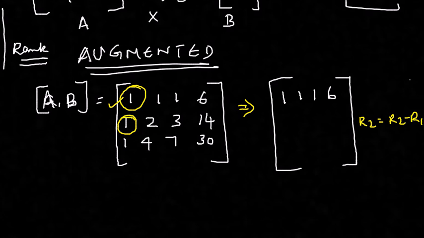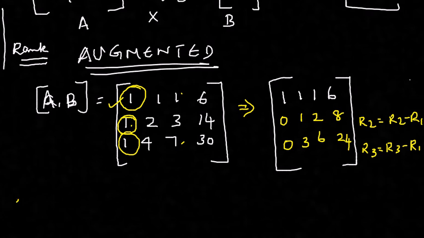So this now becomes 1 minus 1, 0, 2 minus 1, 1, 3 minus 1, 2, and 14 minus 6 is 8. Likewise, I'm going to say R3 is equal to R3 minus R1, because in echelon form I also want to make this a 0. So this now becomes 0, 4 minus 1, 3, 7 minus 1, 6, and 30 minus 6 is 24.